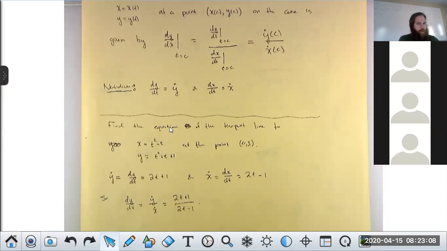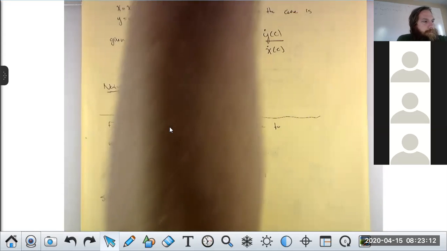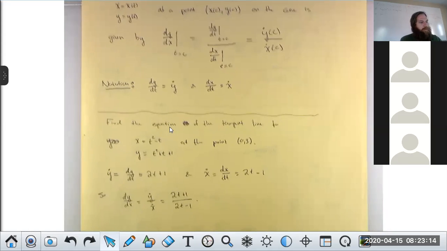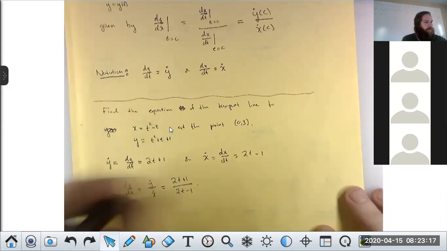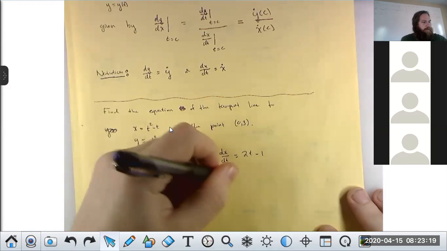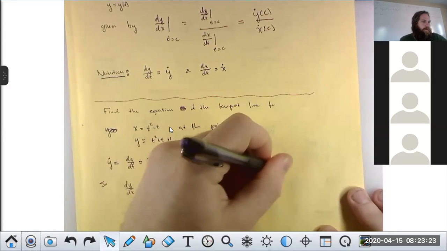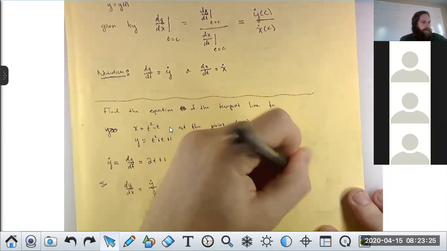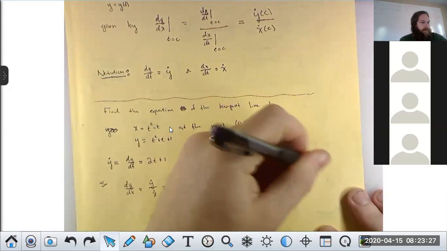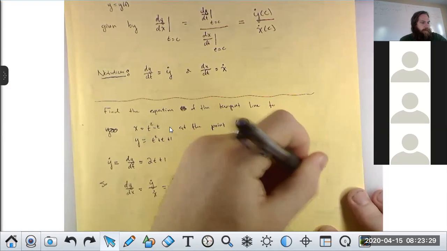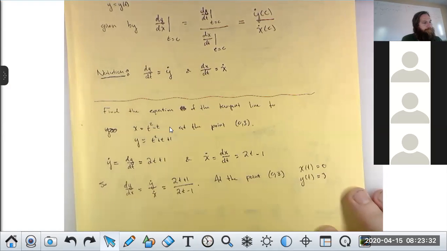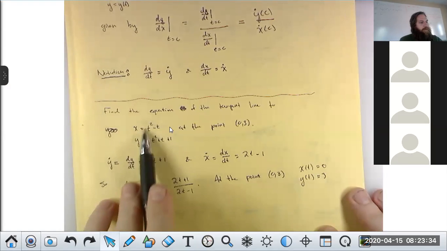So I need to find out what time that point corresponds to. So at the point (0, 3), x of t is equal to 0 and y of t is equal to 3. So for what value of t is x of t equal to 0 and y of t equal to 3?